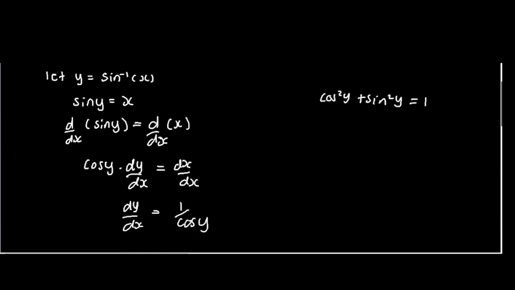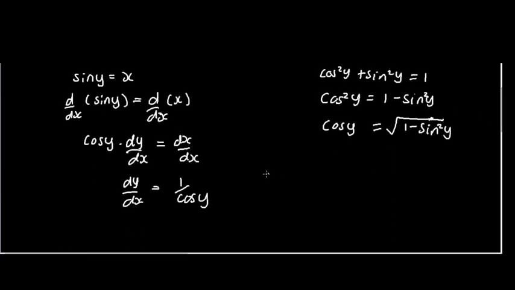From that we can make cos squared y the subject, so cos squared y is equal to 1 minus sine squared y. To get cos y, we take the root on both sides, and here we shall have square root of 1 minus sine squared y.